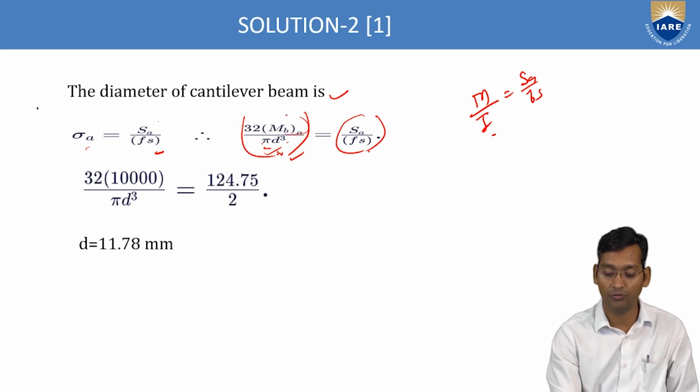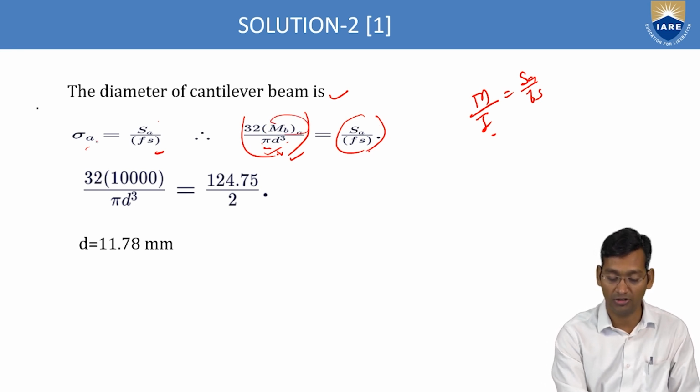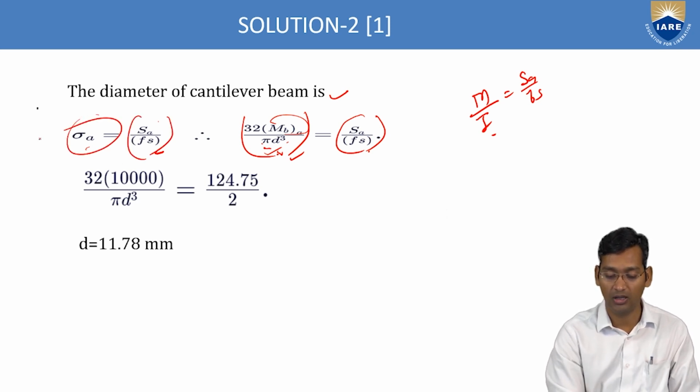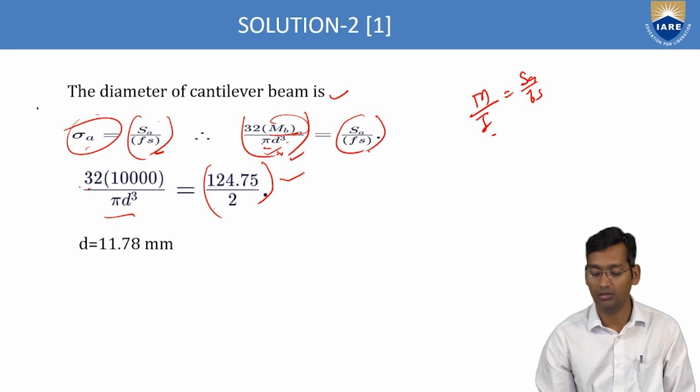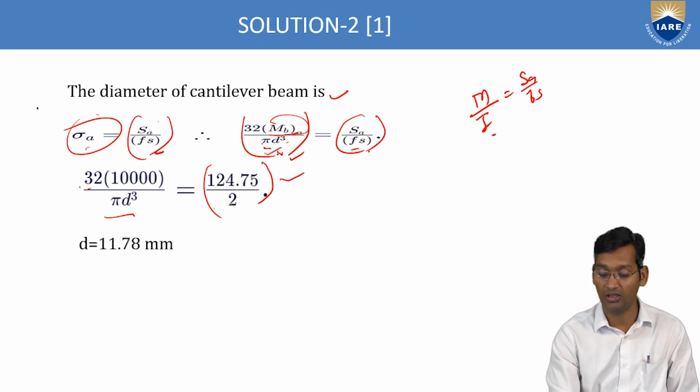So now Ma we found, right? From here, what can we say? SA by Fs equals sigma A, right? So 32 into 10,000 that we got, by pi d cube, equals 124.75 by 2. The factor of safety is given as 2.